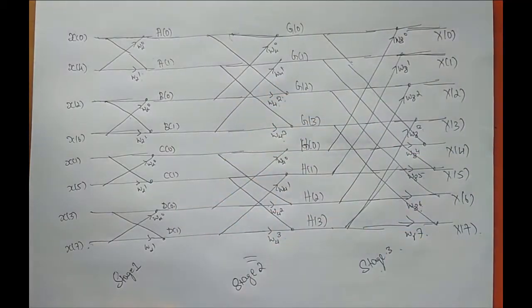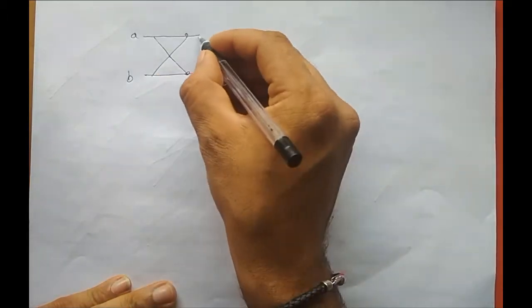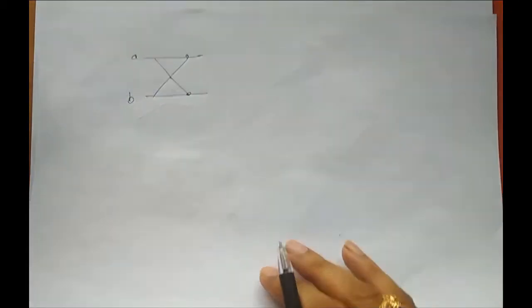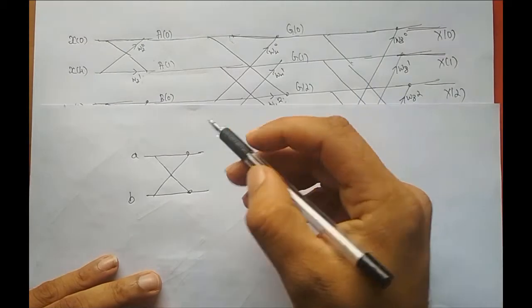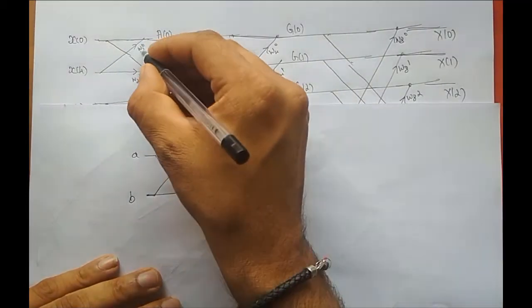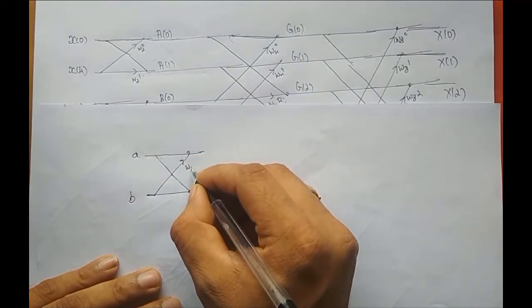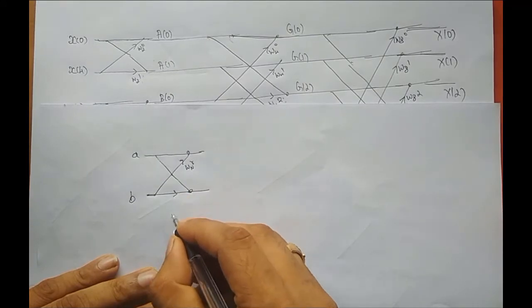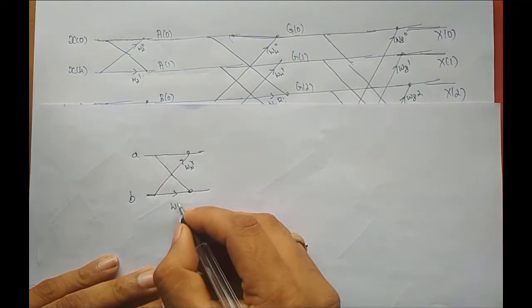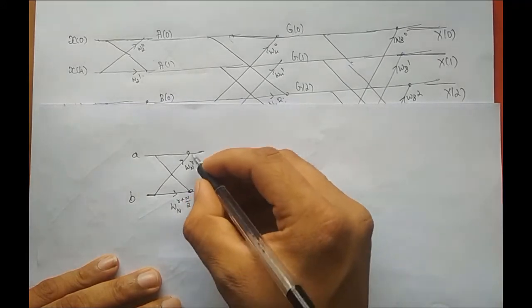If I take one single butterfly, the basic butterfly diagram is something like this. A, B. If you pick any butterfly, generally it looks like this. So we have W2 power 0, but generally I can write it as Wn power R, and this is Wn power R plus n by 2, right?